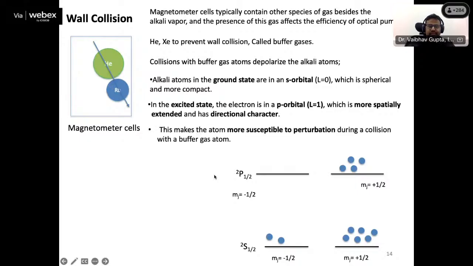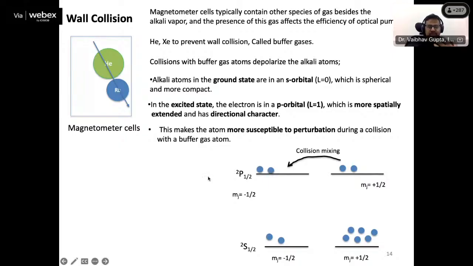And this makes this gas more susceptible to the collision. Because of that, these Zeeman levels get mixed actually. So because of that mixing, some of these atoms will also move into this location.